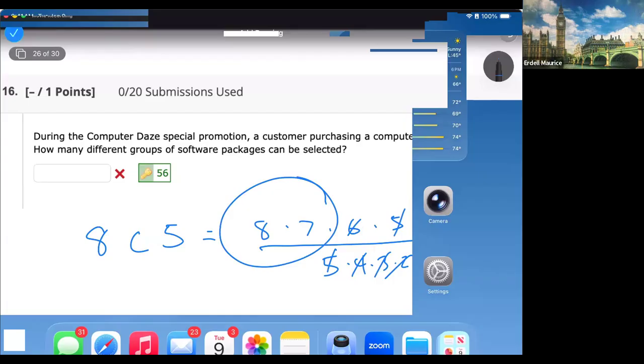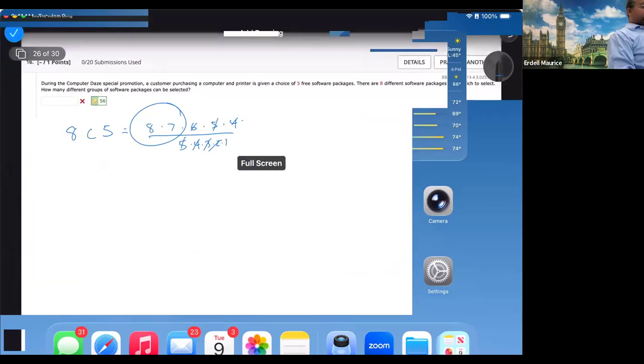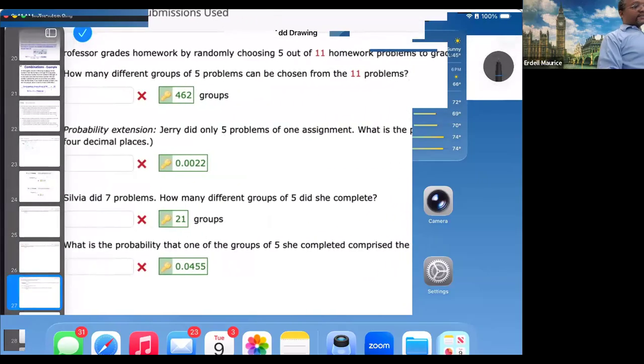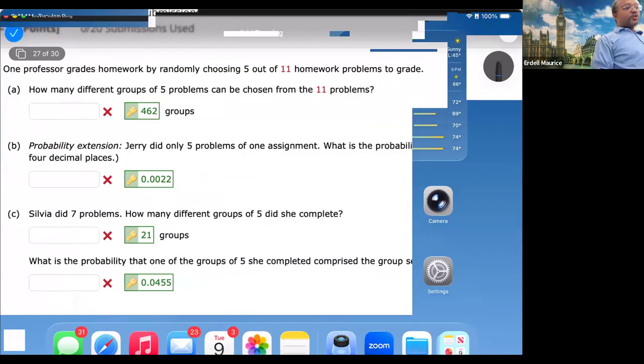Question. All right, last one, I think. One professor grades homework randomly, choosing 5 out of 11 homework problems to grade. How many different groups of 5 problems can be chosen from the 11 problems? See if you can get this 462 number for me, please.